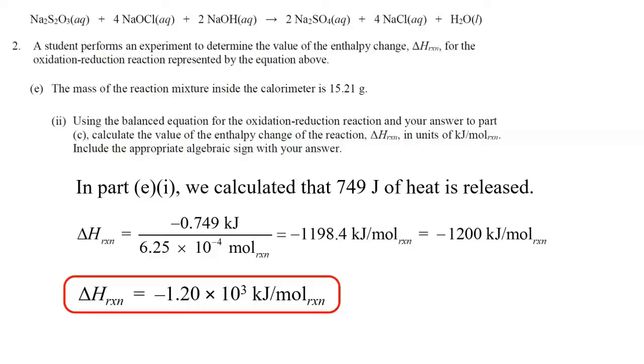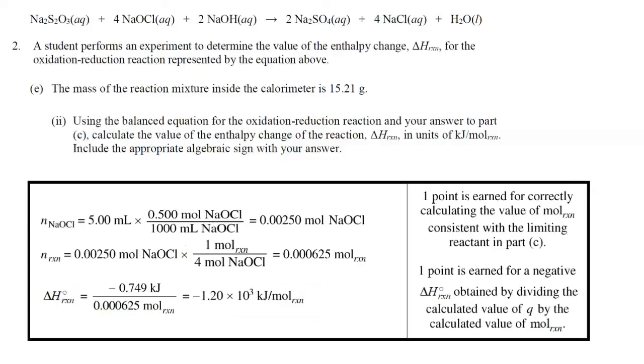reaction. On this next slide, I will show you the official AP Chemistry scoring guidelines from the 2018 exam, and you can see that 1 point is earned for correctly calculating the value for mole of reaction.